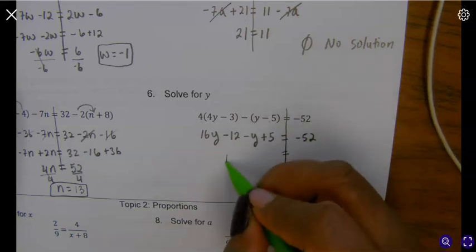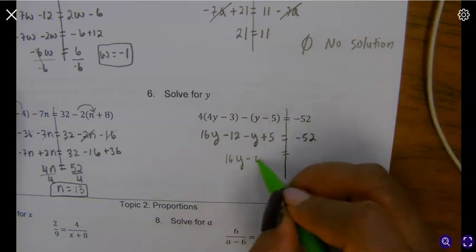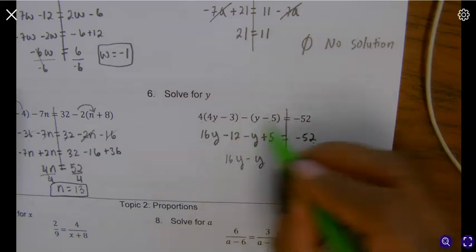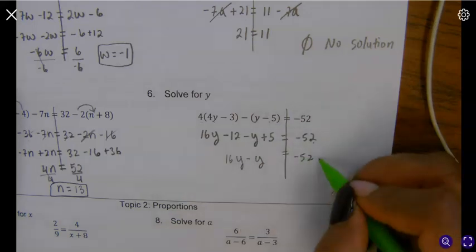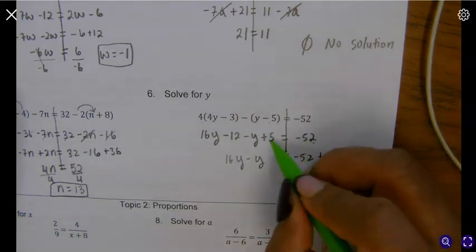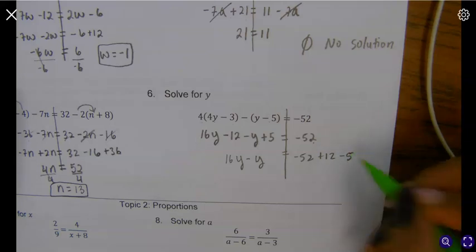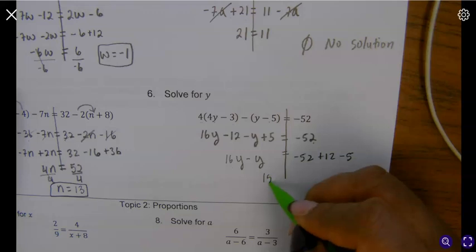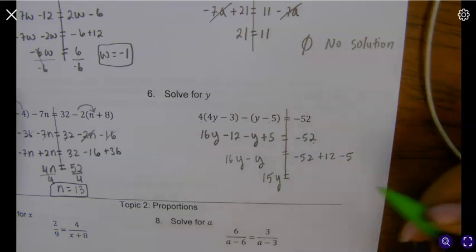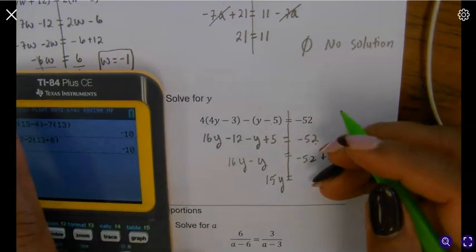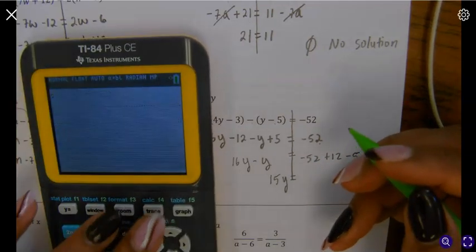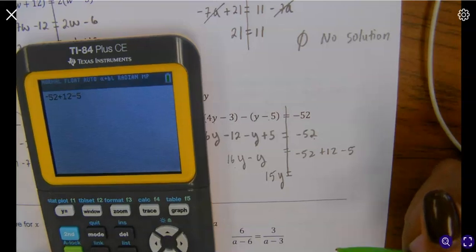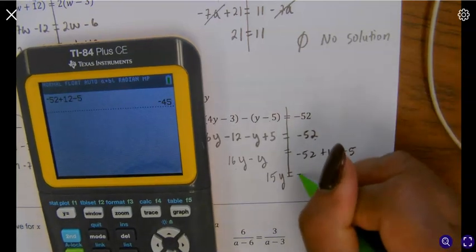Alright, so we're going to move things around. We're going to do 16y minus y equals negative 52. Bring this over, so that's negative 12, so I have to write plus 12. Plus 5, so I have to write minus 5. 16 minus 1 is 15y equals, let's see, negative 52 plus 12 minus 5 is negative 45.